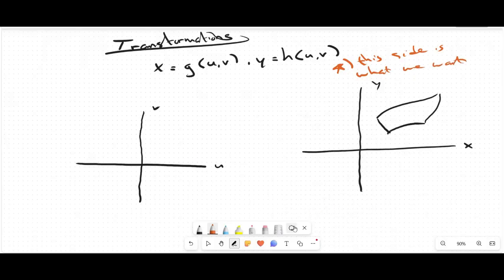But like in polar coordinates or in a general u substitution setting, you're going to be looking over here, and the coordinate system you have, these x and y rectangular coordinates, doesn't really work well with the shape you have.